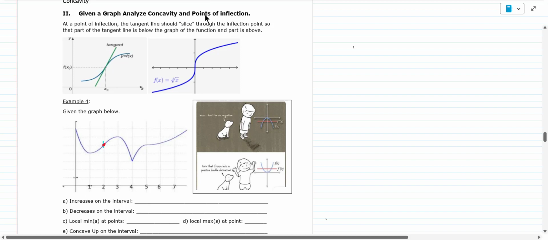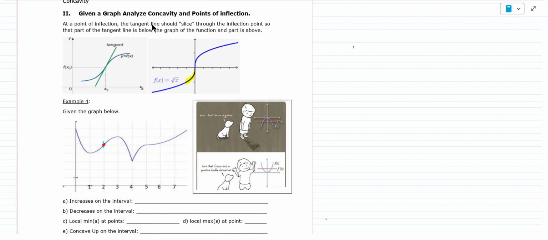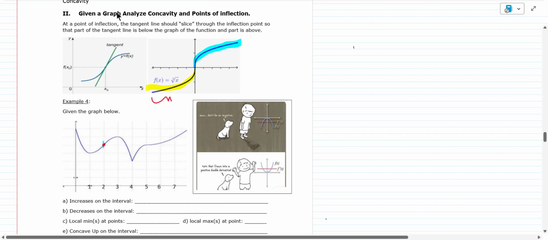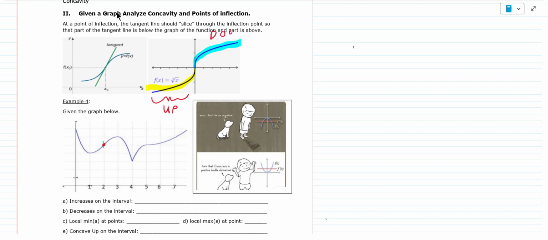Okay, so basically, if you have an inflection point, what I want to show you on this graph is there's a couple of things happening. First of all, you might make a note to yourself that you are concave up there, and then you are concave down right here. So remember, an inflection point is a point on the graph where the concavity changes.